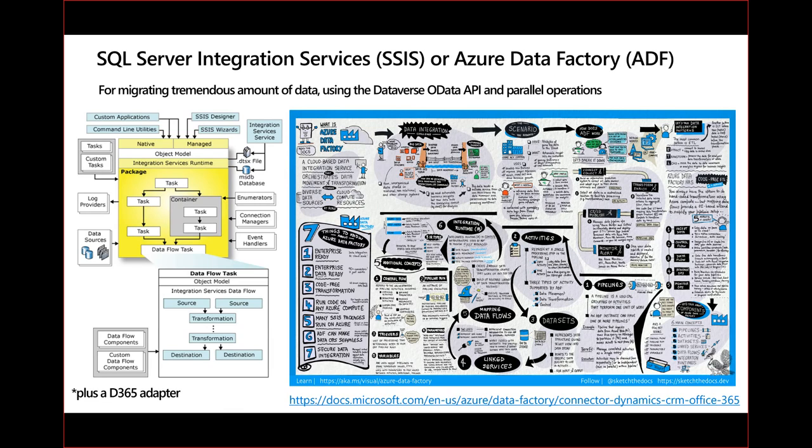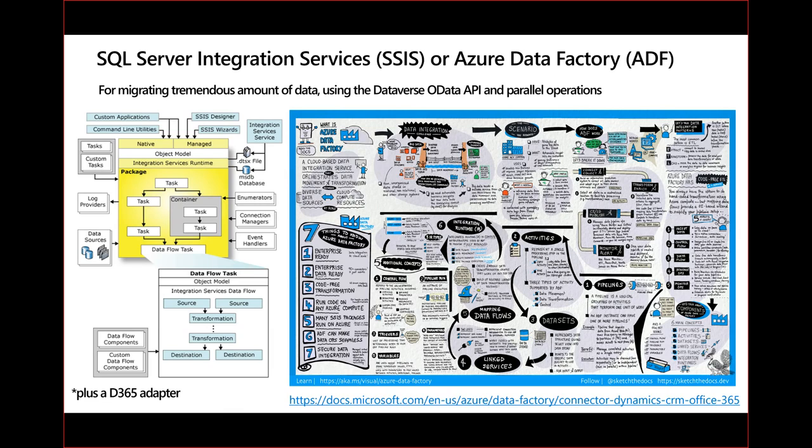Typically you need a Dynamics 365 adapter. Some examples: KingswaySoft, CozyRoc, DevOps, OneTap. These are all adapters that you can plug into your SSIS to use your data and upload it into your Dataverse environment.